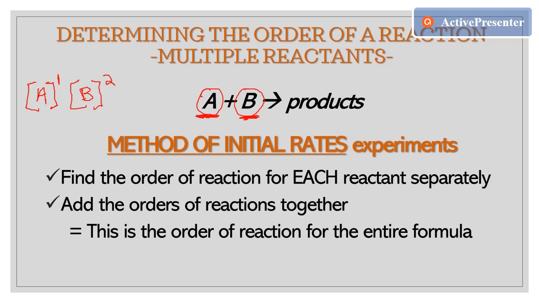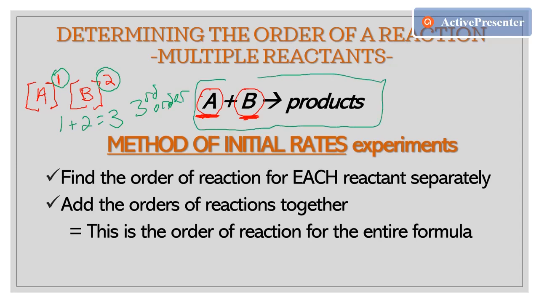What do we do with that information? Well, we need to add the orders together to find the overall order of the entire reaction. So 1 plus 2 is 3. So this would be a third order reaction overall. The entire A plus B equals products would be third order.